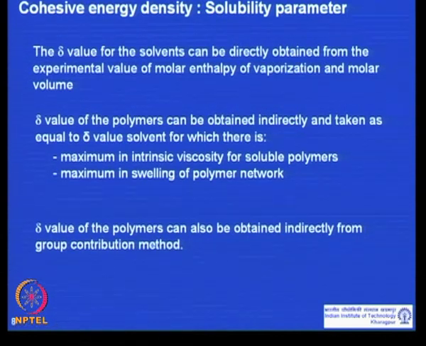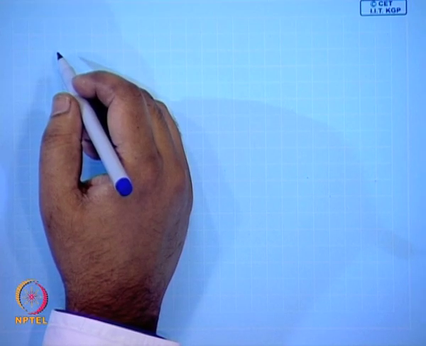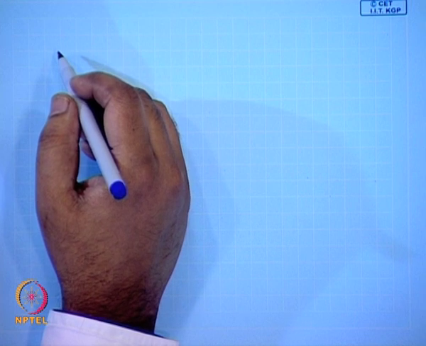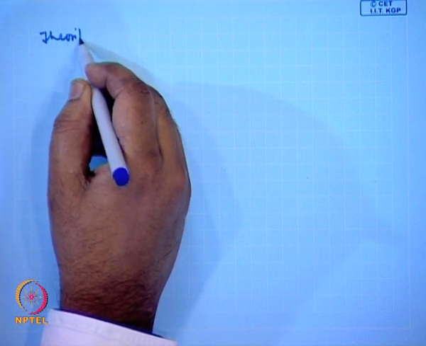As you know, group contribution methods are utilized to find out theoretically the values of several other properties of polymers, and the solubility parameter also can be obtained by the group contribution method. This is how it is done, theoretically.